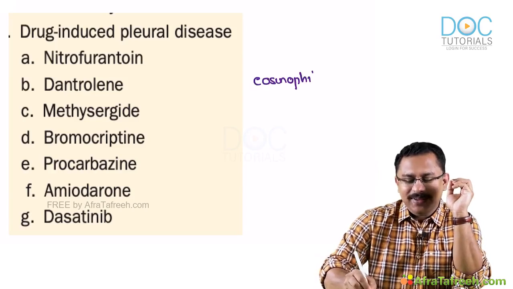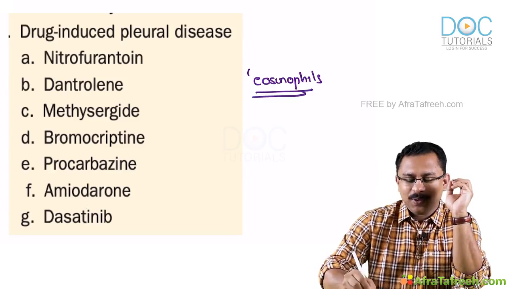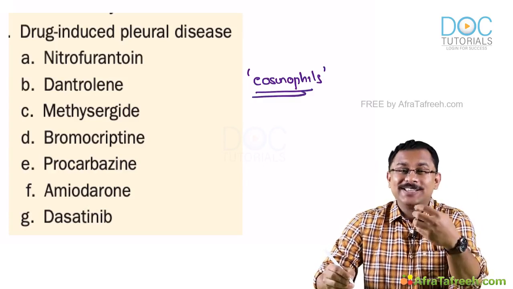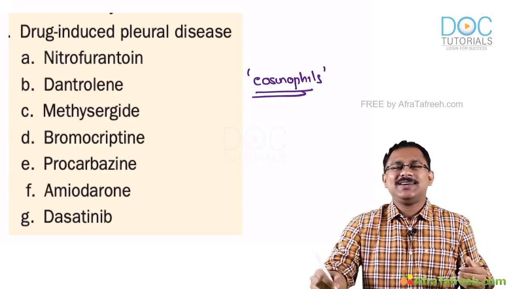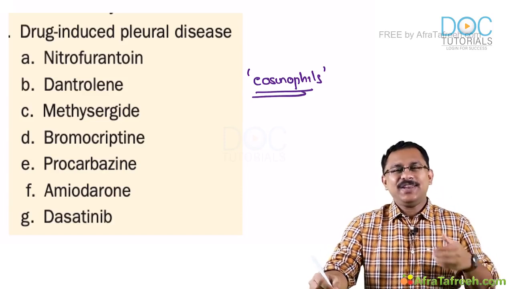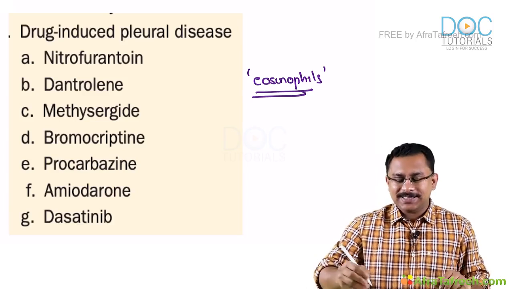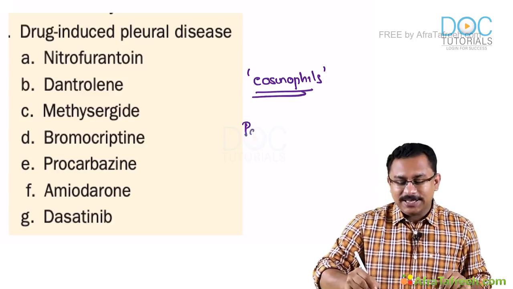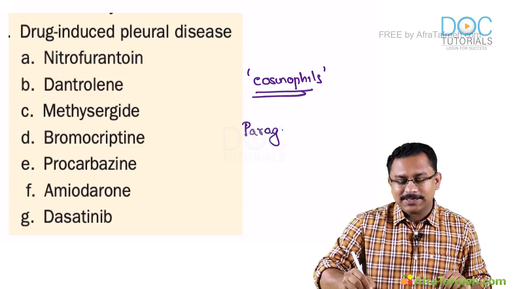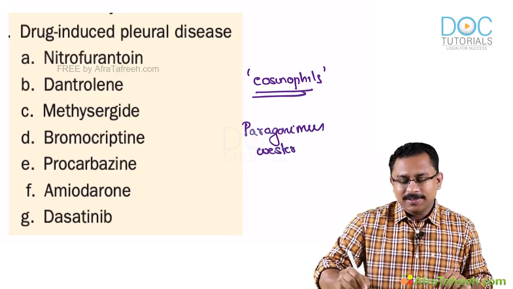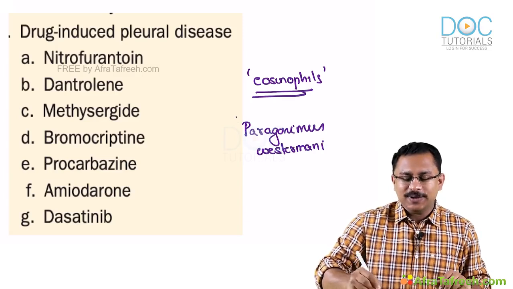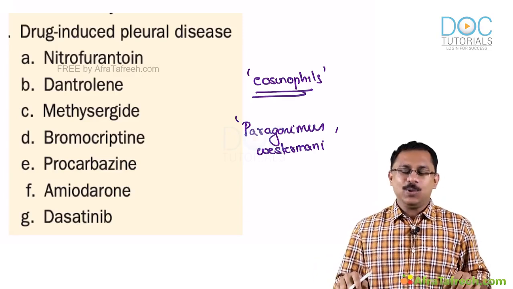Remember, eosinophils in pleural fluid is not very specific to drug-induced pleural effusion. Even certain parasitic infections like Paragonimus westermani infection can have eosinophils in the pleural fluid.